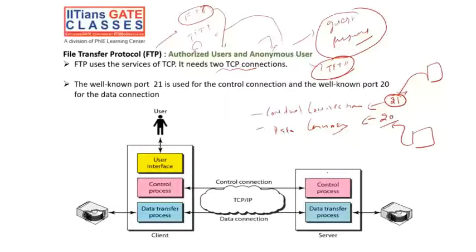Now let's see, this is your user interface, and if you want to transfer a file, then we have a control process and then a data transfer process. First of all, we send the control command to establish the connection between server and client. After establishing the connection, we can transfer the file.